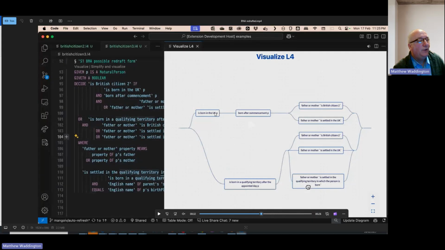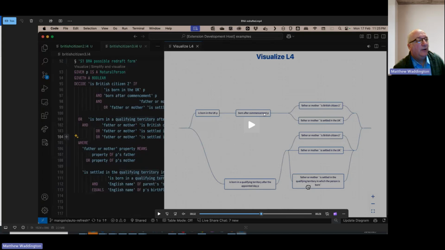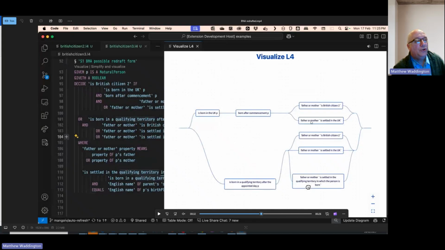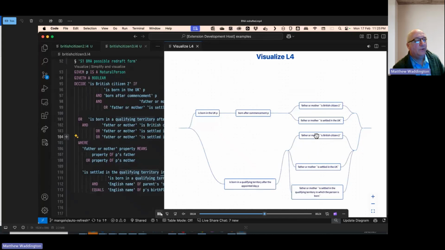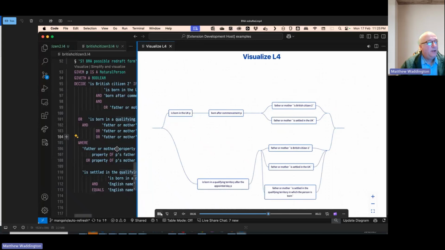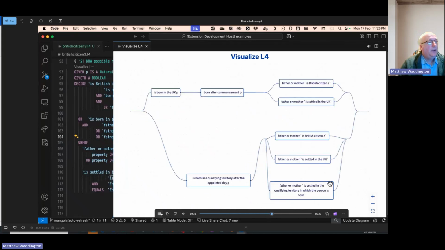If you take the born in the UK route, then you head through just either British citizen or settled in the UK. If you take the born in a qualifying territory route, then you have the three options open to you. Whichever way you get through, you end up being a British citizen. So just moving those around to make it clearer that they're separate.